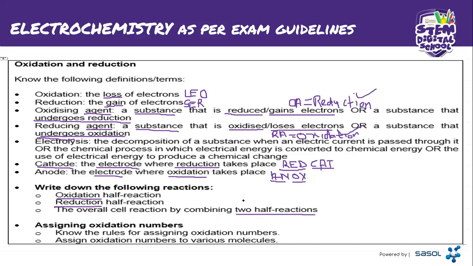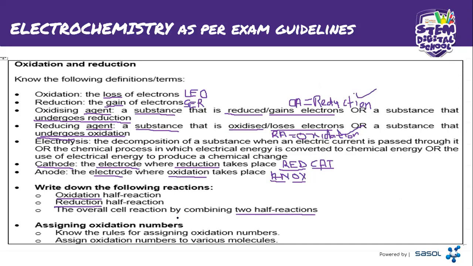Remember, in a cell, either electrolytic cell or galvanic cell, we have two half reactions altogether. We have an oxidation half reaction where we have the loss of electrons, and we have a reduction half reaction, which is the gain of electrons. So when you just look at oxidation, it's not the entire reaction of the cell. And that is why we call it a half reaction. Even reduction, it's not the entire reaction, it's just half of the reaction.